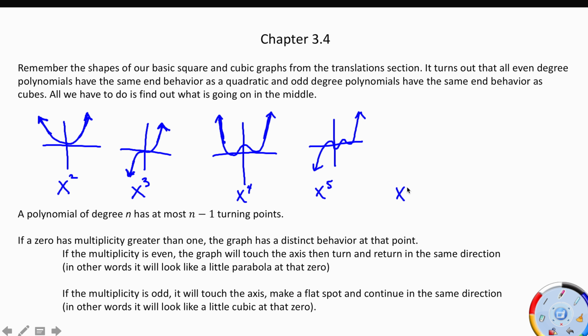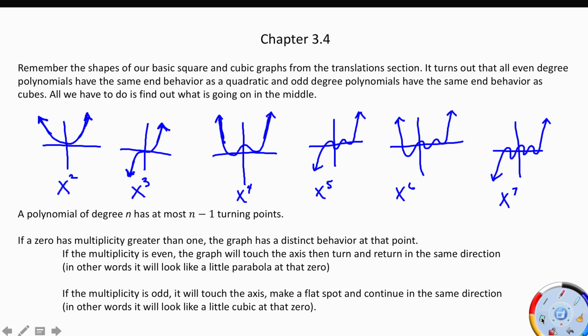A sixth degree polynomial, something like this. Okay. And one more. Let's do a basic seventh degree polynomial. Now, all we have to do is find out what's going on in the middle.